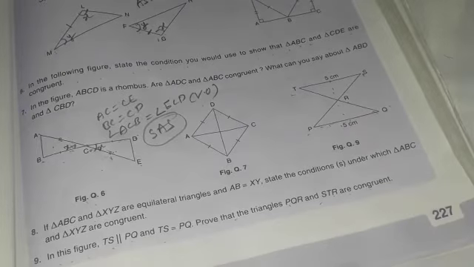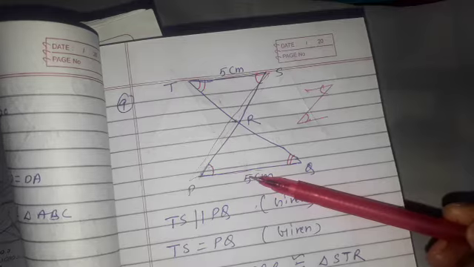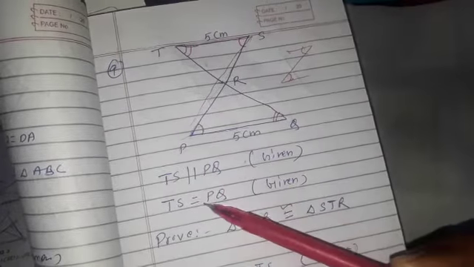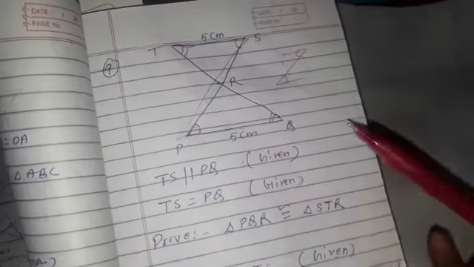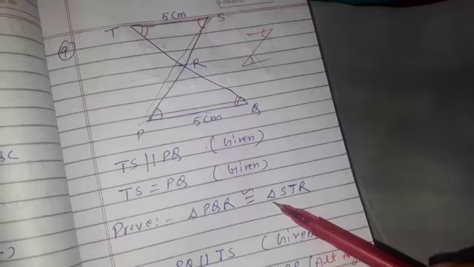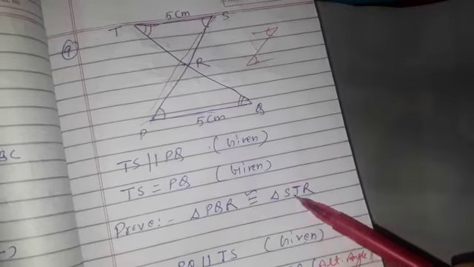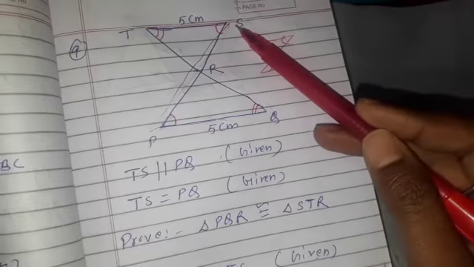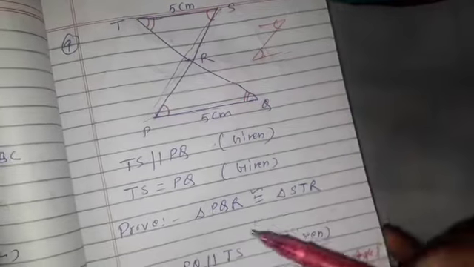We have to prove this. So how do we prove this? Class, here they gave you TS parallel to PQ and TS equal to PQ, 5 cm and 5 cm. So we have to prove PQR is congruent with STR.